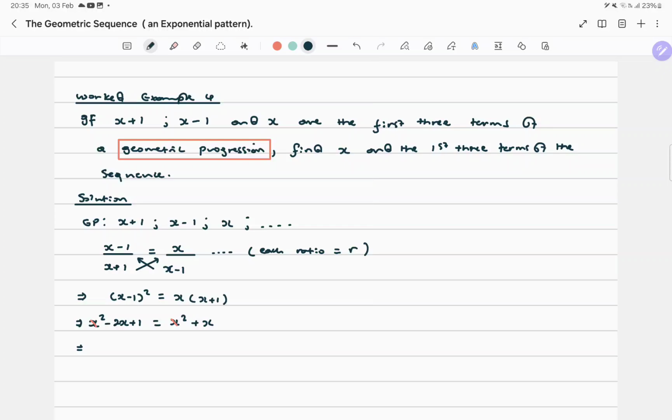Again, a grade 12 student should know this, second nature. Now we just transpose this minus 2x to that side. We end up with 3x is equal to 1. Therefore, x is a third. Nice and easy when we divide by 3 on both sides. So we have found the value of x.